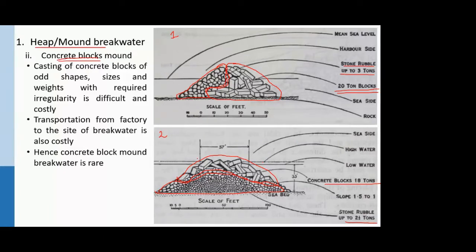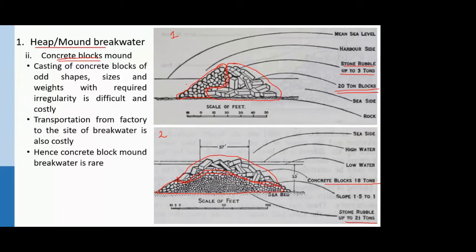So this is the second type in concrete mound breakwater. Now you might be wondering why they have used rubble, because it's a concrete block mound, so obviously they should use only concrete blocks. But if you compare the economics of concrete blocks and rubble, the rubble is obviously much cheaper, given that it's available naturally.